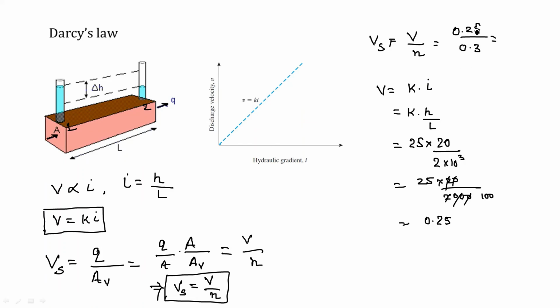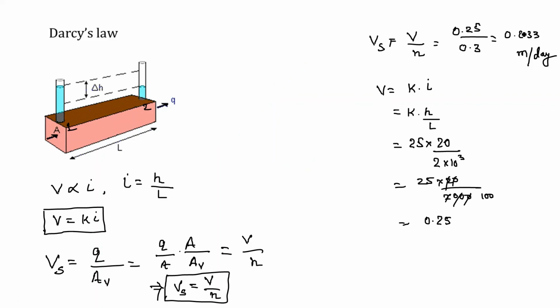Now 0.25 by 0.3, just solve it, you will get 0.833 meter per day. Now you have the seepage velocity as 0.833.